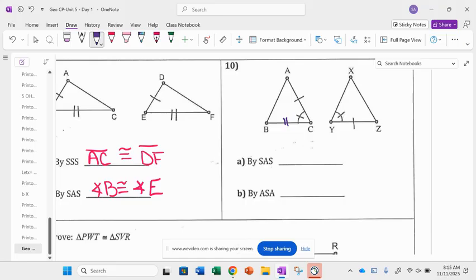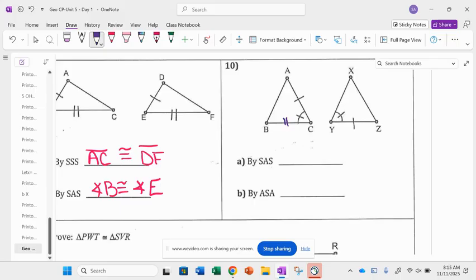From B. So what two sides make angle B? BC and AB come together to make angle B. If I want to make angle M, where do I have to put the other segment from? From M. And then I can make angle M, right?